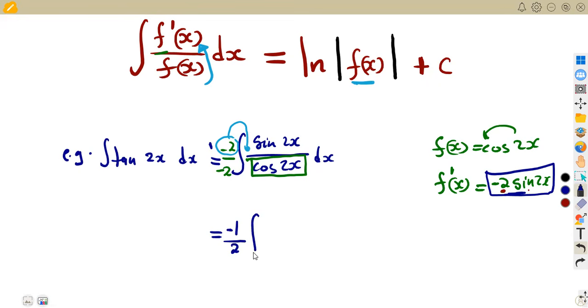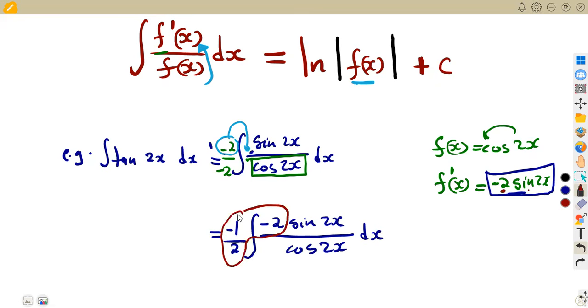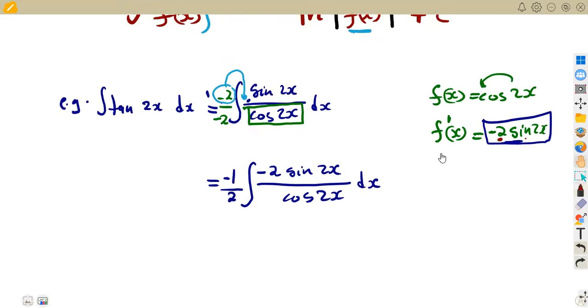We are now having the integral of, we have taken the negative 2 inside here, so it's going to be negative 2 sine of 2x over the cosine of 2x. We haven't changed anything because minus a half times this gives us a 1, meaning we haven't changed our expression. Multiplying by 1 does not affect our given expression.